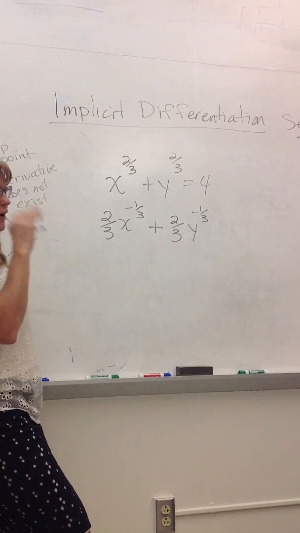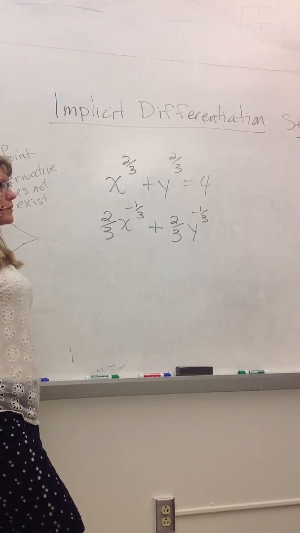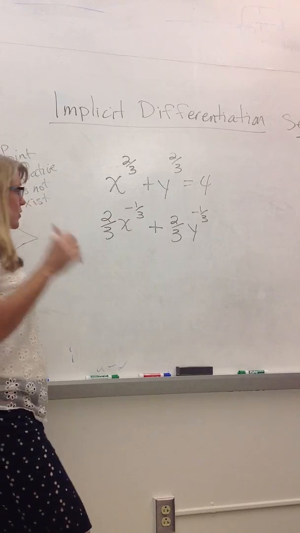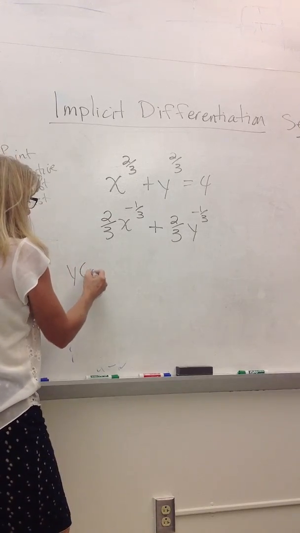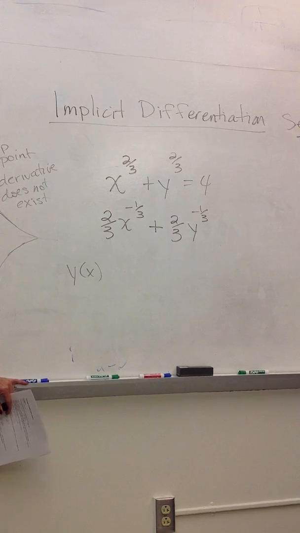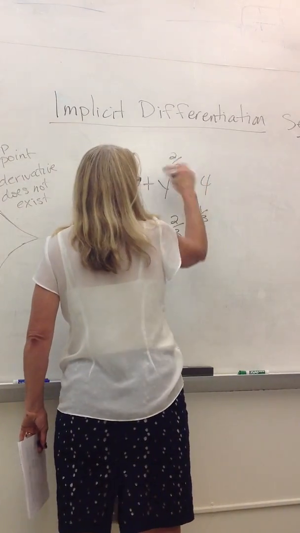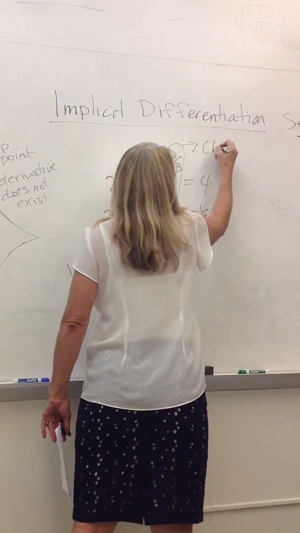In your book, and for the most part any book, you're going to assume that y is some function of x. Okay, y is dependent on x. Because y is some function of x, right now we just don't know exactly what function it is, you have to look at this as a chain rule problem.